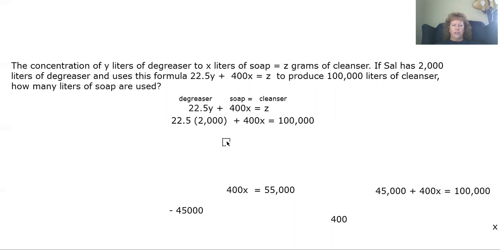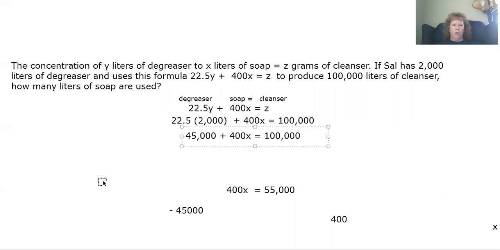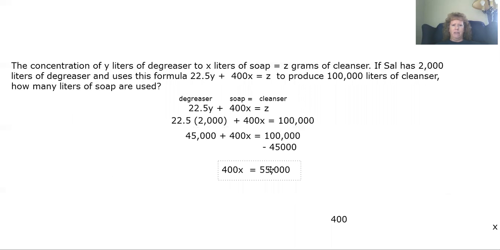Okay, so now if I work this part, 22.5, I would have 45,000, and then if we subtract 45,000 from both sides, we would be left with 5,500, and that would be equal to the 400x.